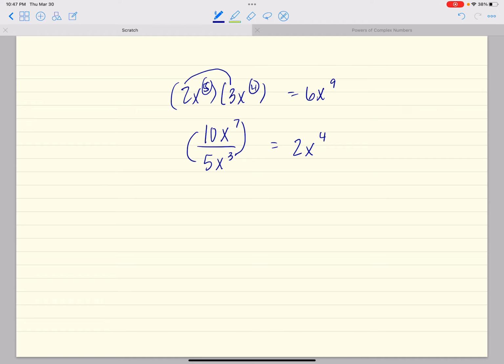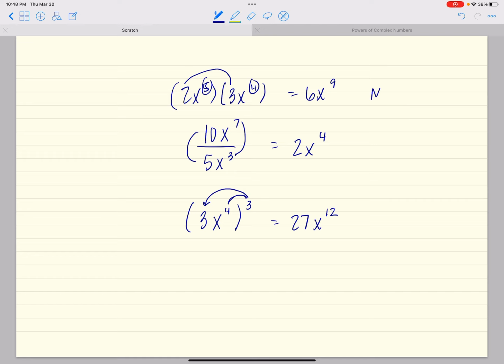Well, with exponents, if we had something like 3x to the 4th being cubed, we would cube the coefficient, so our coefficient here would be 27, and we would multiply the exponents here, and that would give us x to the 12th. So it's the same thing.